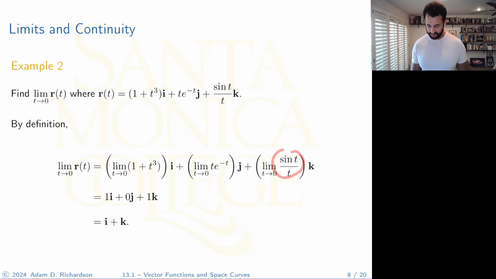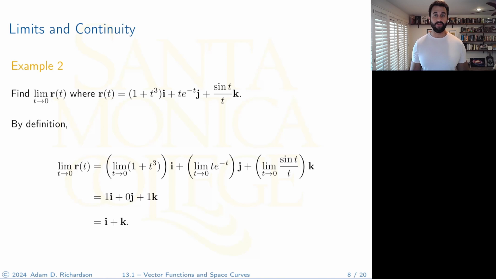This is one that, well, I'll say this. You could compute this limit using L'Hopital's rule, but if any of you took me for Calc 1 or Calc 2, you know my opinions about L'Hopital's rule, which is basically sometimes it's a bit of a heavy machine to use for something that can be computed using far simpler tools. This is one that you actually prove. This limit is a limit that you prove is equal to 1 near the beginning of Calculus 1 without any need for L'Hopital's rule.